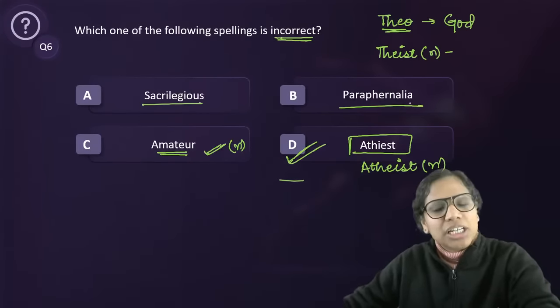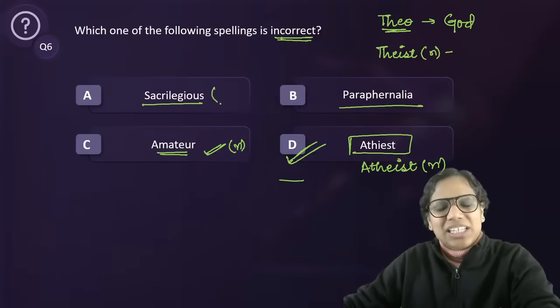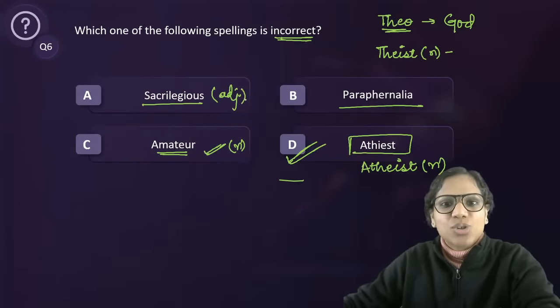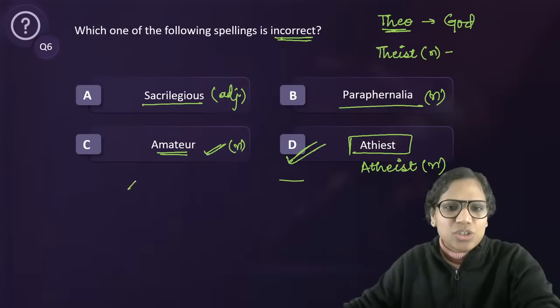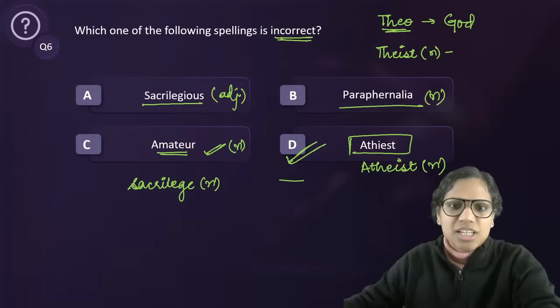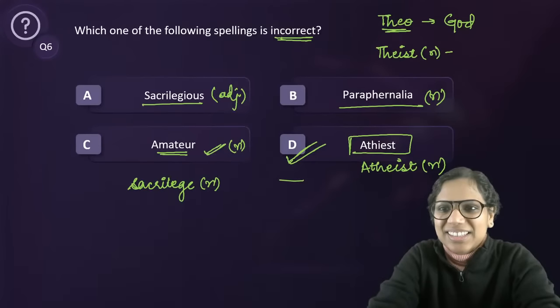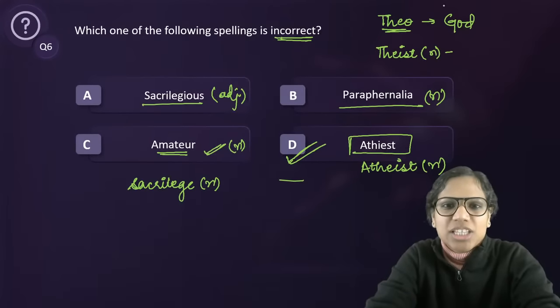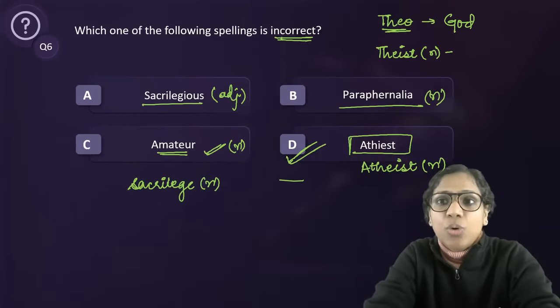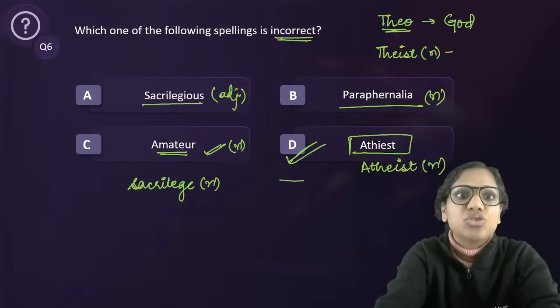Sacrilegious, paraphernalia, both are correct spellings. But you have to tell me the meanings of these words. What is sacrilege? When you commit sacrilege, what do you do? What have you done? So I think my tone is telling you it's a negative word. This is sacrilege. If, let's say, you do something against something that's considered very holy, usually used in matters of religions.